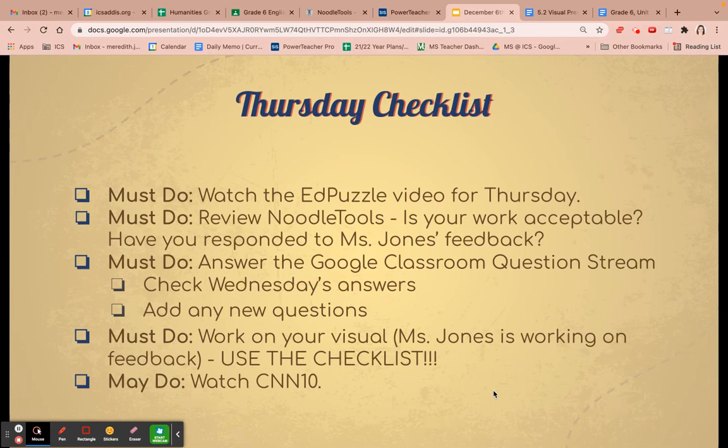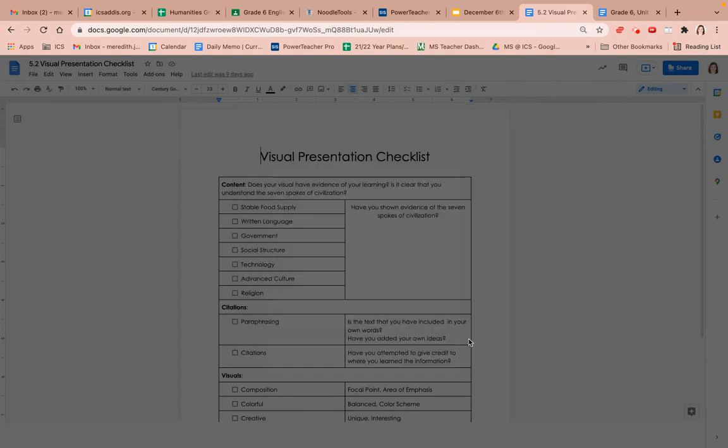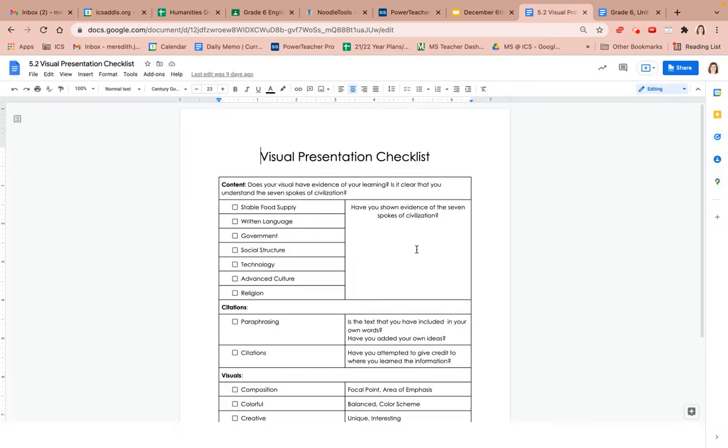I am trying really, really hard to get you guys feedback as fast as I can, but it is time consuming. And so I know a lot of people shared their work with me yesterday, and I'm going to keep looking through it and keep giving comments. But you need to make sure you are utilizing this checklist for your visual.